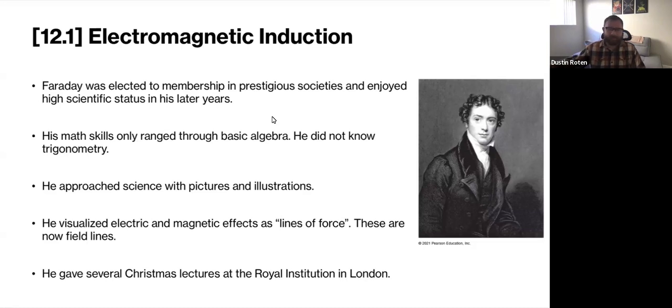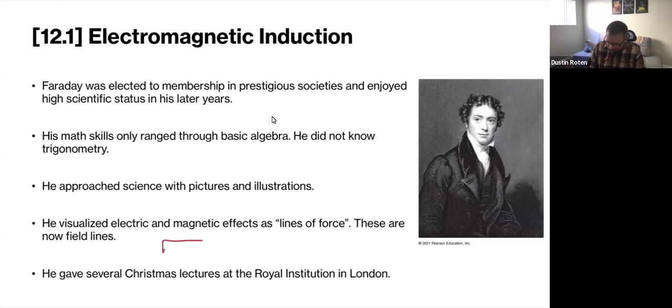He became famous with just very basic algebra and virtually no trigonometry skills, which means he approached a lot of his science with pictures, drawings and illustrations. He visualized electric and magnetic effects with what he called lines of force, and that's what we use as field lines today.